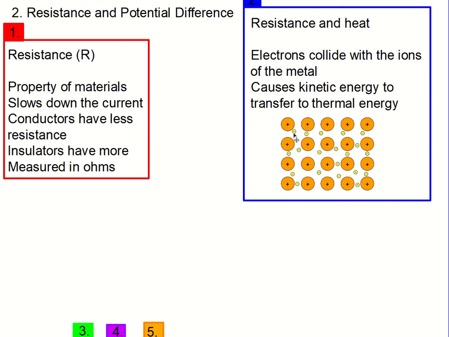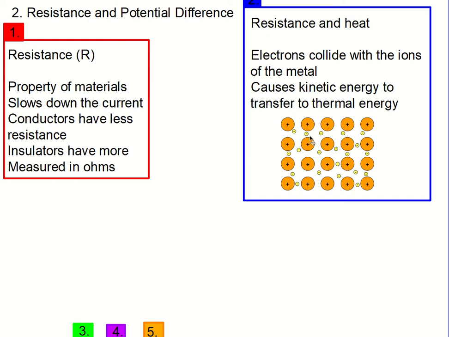But these electrons don't have eyes. They can't sense where these ions are, so as they're moving they will naturally bump into those ions. They'll collide with those ions, and when they do that they'll slow down, and that's what resistance is. So it's caused when these electrons collide with these ions and they slow down. Remember, resistance is when the current gets slowed down.